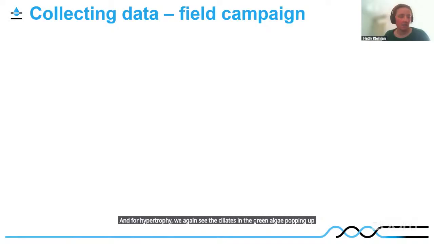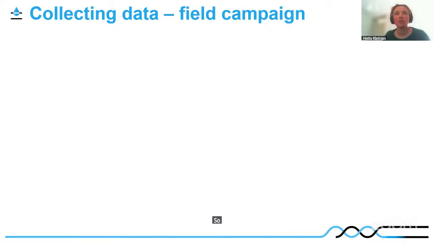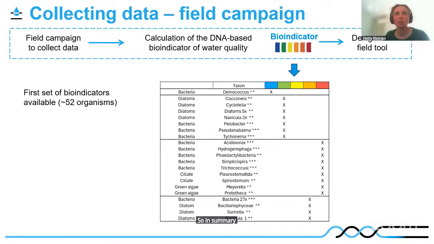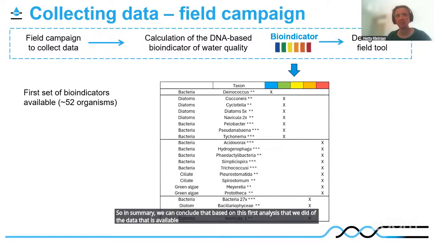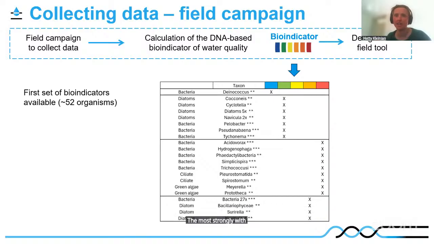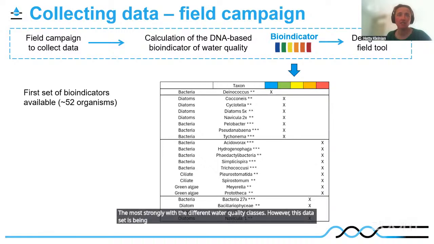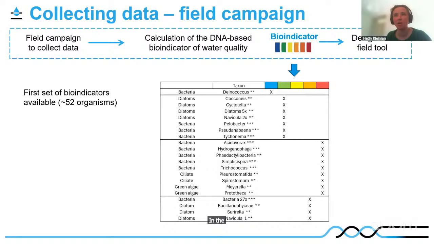So in summary, we can conclude that based on this first analysis of the data that is available, we identified for now 52 organisms that correlate the most strongly with the different water quality classes. However, this data set is being analyzed as we speak, so it will be expanded and enriched in the next couple of months.